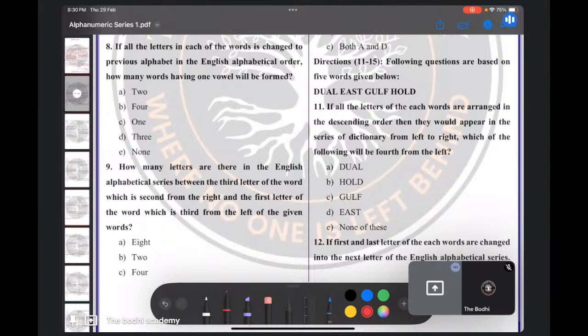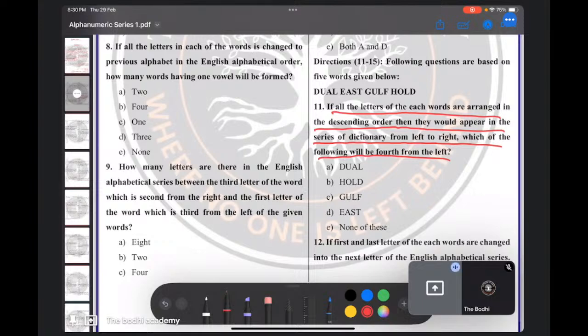Now, question number 11. If all the letters of each word are arranged in a descending order, then they would appear in the series of the dictionary from left to right. Which of the following will be the fourth from the left? First you have to arrange all the letters in a descending order.